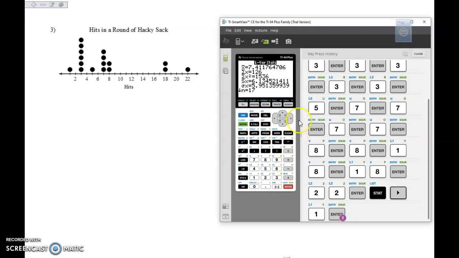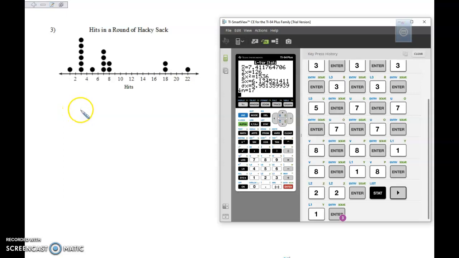What this does for you is it gives you your x bar, which is your mean, and it also gives you your standard deviation. Sx is the one that we're using because that's your sample standard deviation, not your population. So we want the Sx.